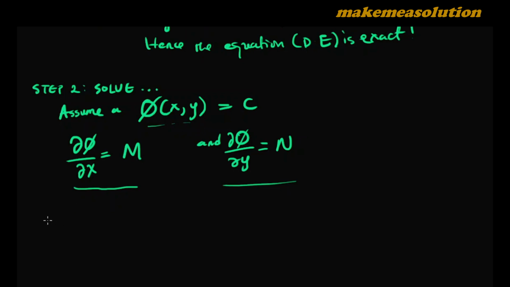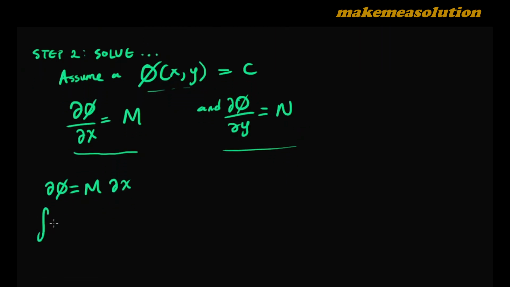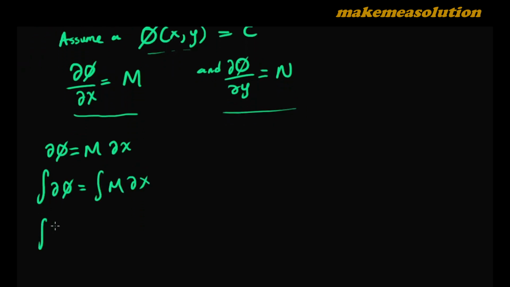So the first way to obtain phi is to take it from partial phi over partial x equals M. When you separate the variables, you now have M partial x. So you're now going to integrate. Integral of partial phi is equal to integral of M partial x, and when you integrate partial phi, you're going to get phi of x comma y equal to, so we don't yet know what this one is, but this is what I'm going to do. I'm going to put this integral sign, and I'm going to put an x here, and I'm going to put an M, changing it to dx.